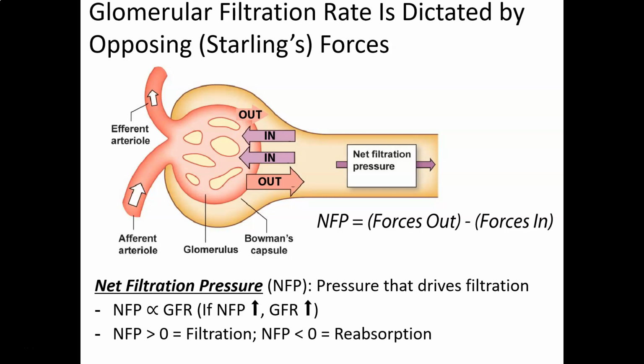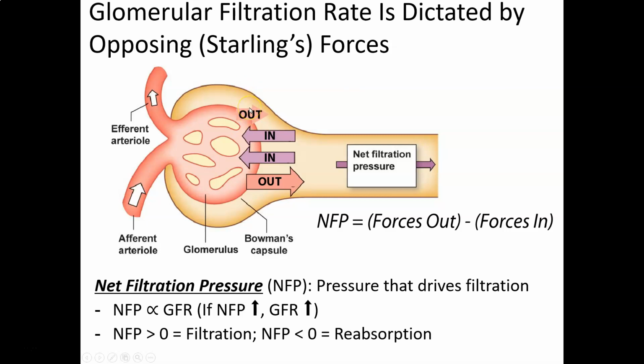The oncotic pressure is the pressure due to dissolved proteins. And essentially, in a normal person, since the ultrafiltrate should not have any protein in it, that's part of the reason we call it ultrafiltrate, then there should be a zero value for the protein outside the glomerulus in Bowman's capsule. So that's usually zero.